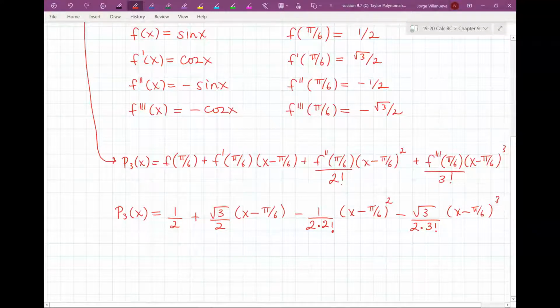Now you could just leave your answer like that, and that's perfectly fine. There's nothing wrong with it. If you want to simplify it just a little bit, you'll notice everything has a half in it.